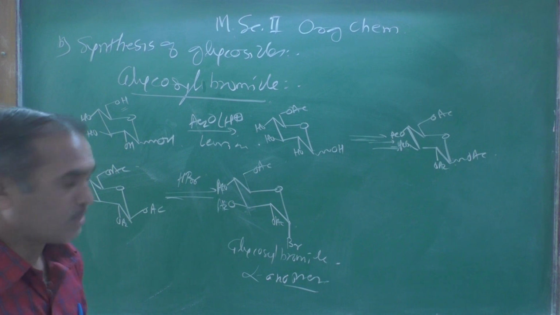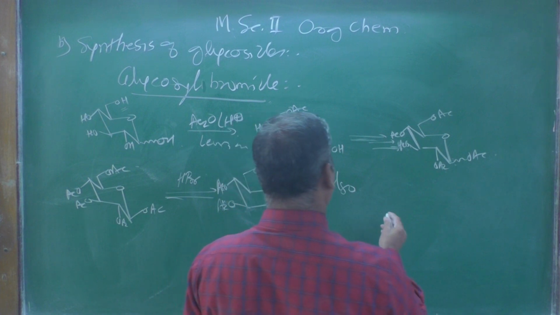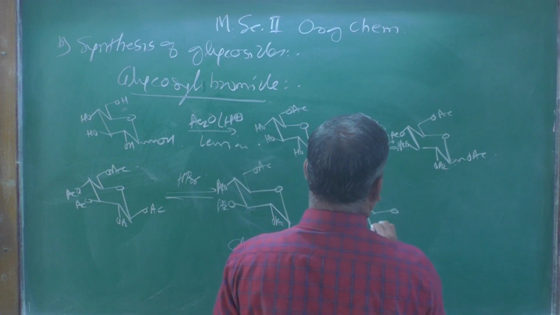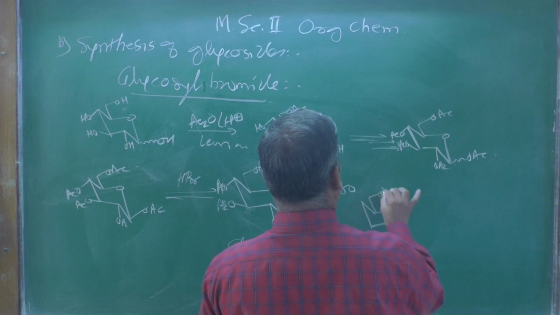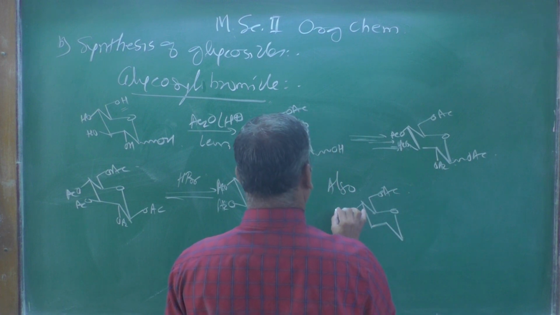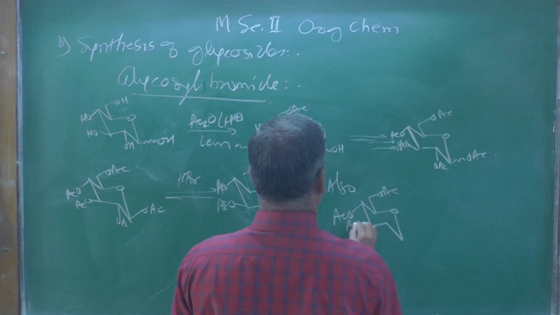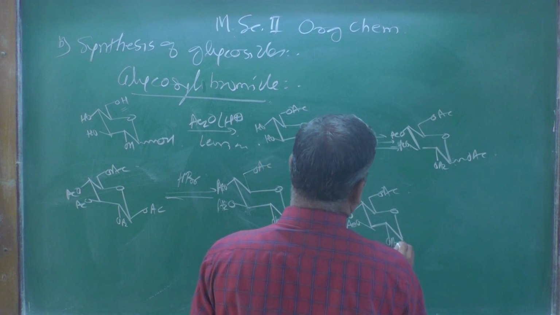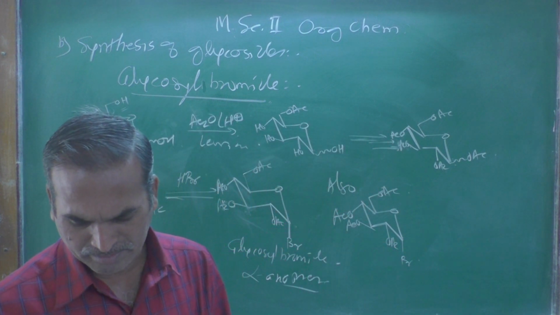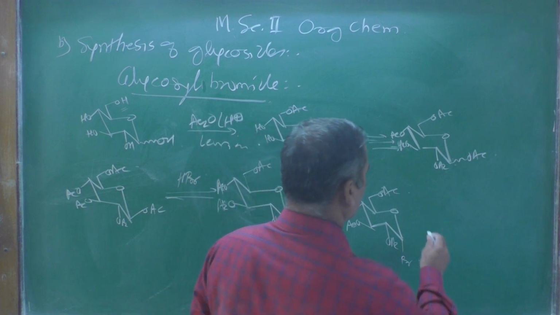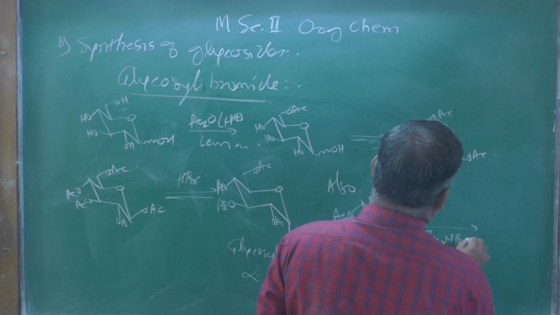And also, at equilibrium, if I look over here, the other things we can write: OAc, then here AcO, then here AcO, another one OAc, and here Br, at equilibrium in the presence of Bu4N Br.